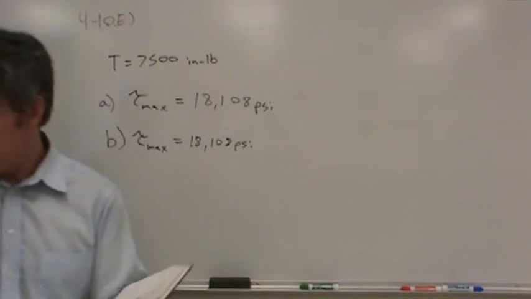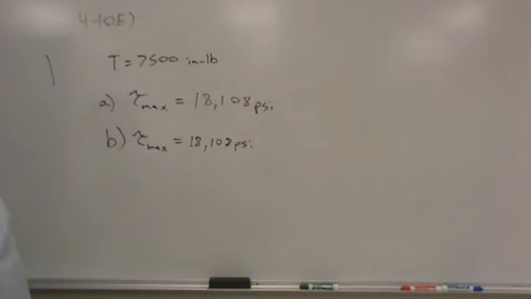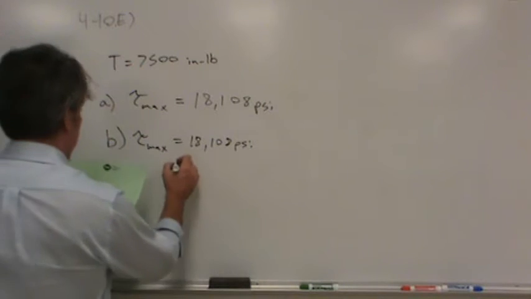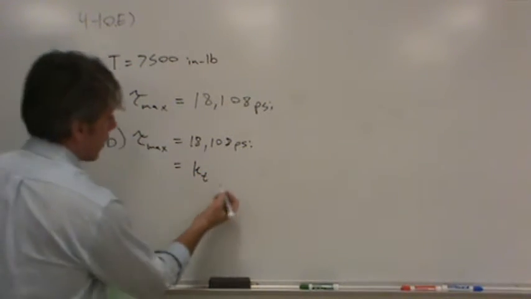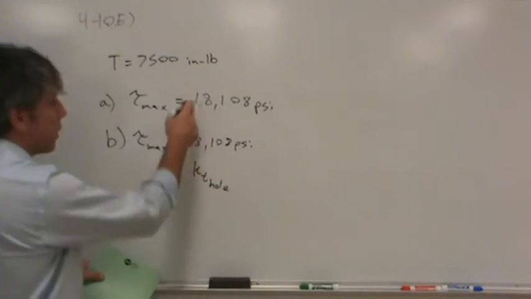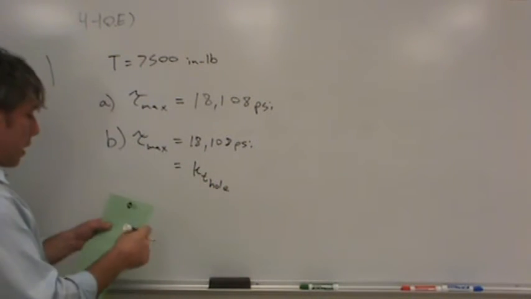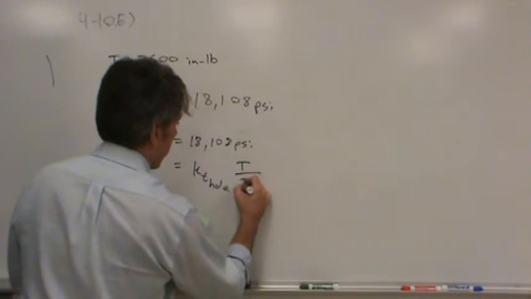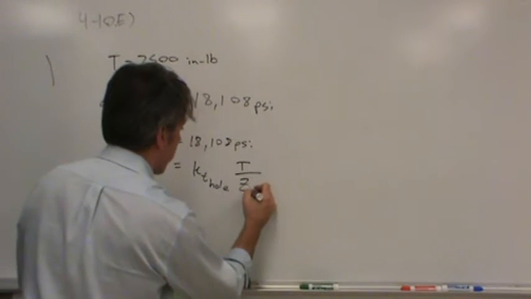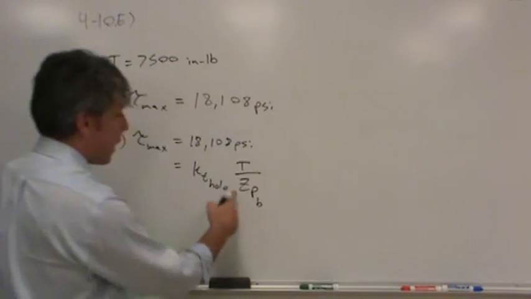Well, how could we solve this? Well, think about it with me. This stress is going to be equal to the stress concentration factor around the hole. Let me just write hole here to differentiate because it's going to be different, right? Multiplied by the torque over the polar section modulus for part B.